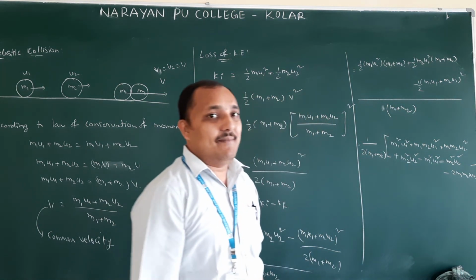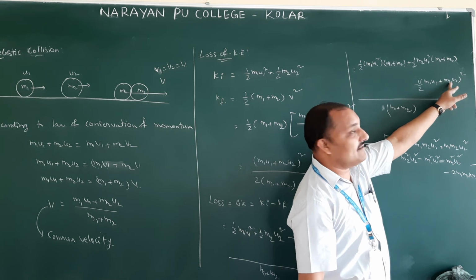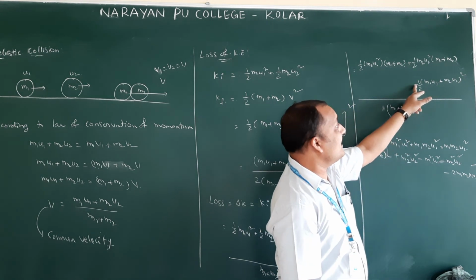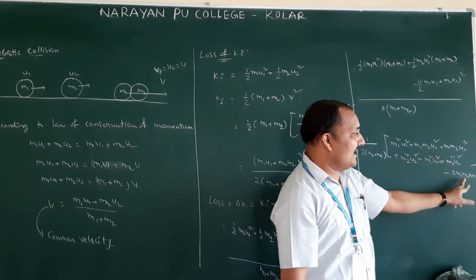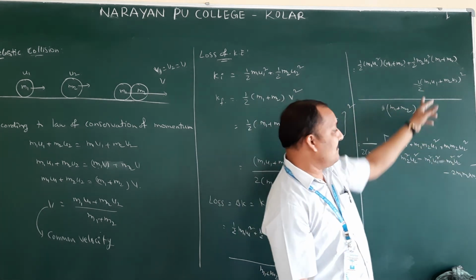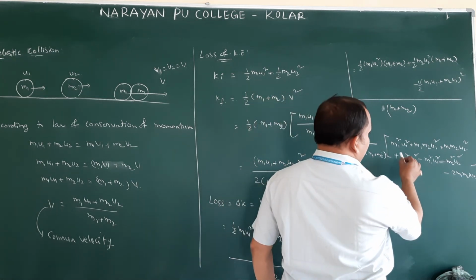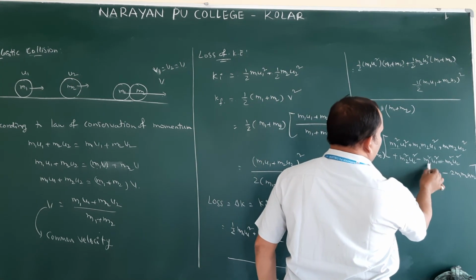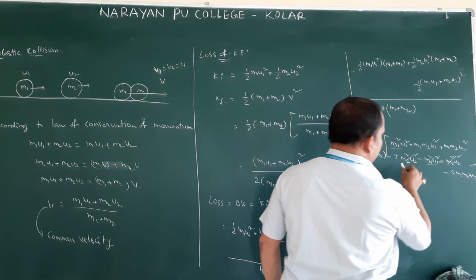Minus 2ab, because this minus is expansion, a square plus b square plus 2ab. This minus is going to expand for each and everything: minus into this one, minus into this, minus into this. If you want to write another step, multiply with minus. Okay, so now see here, M1 U1 square and M1 square U1 square, these two will be cancelled. Like that, these two will be cancelled.